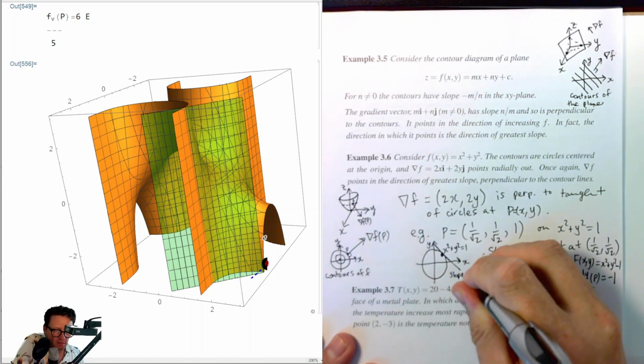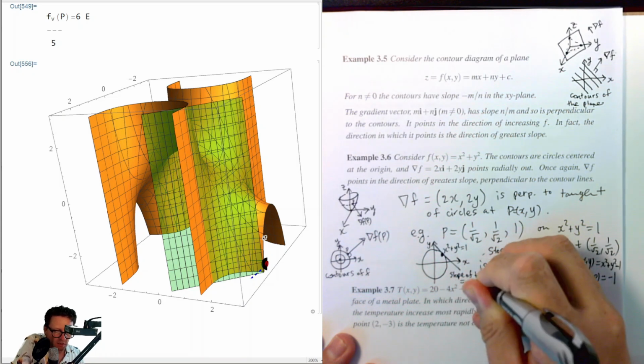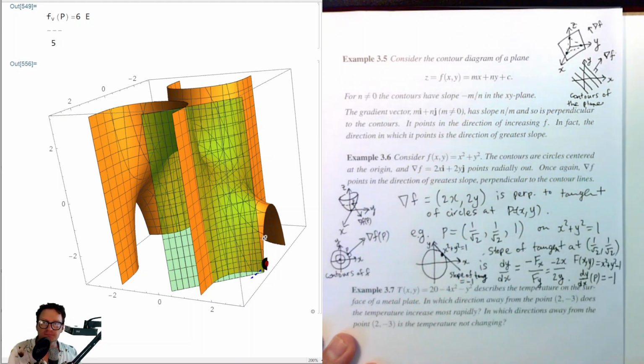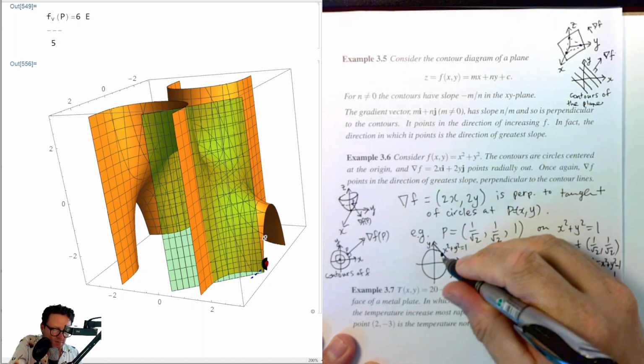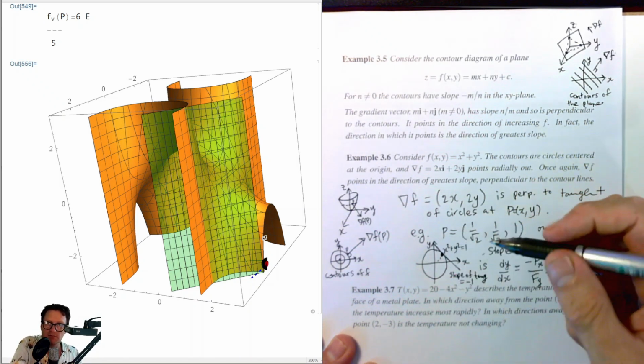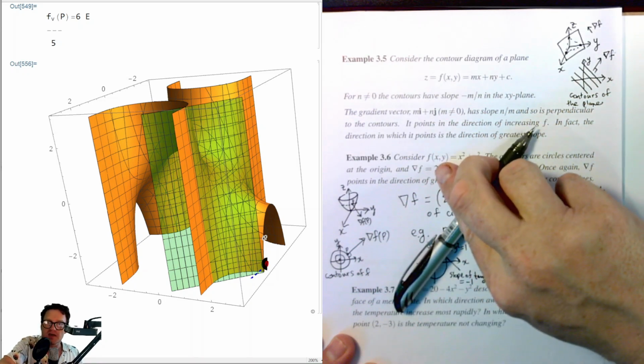Slope of the tangent equals -1. I'm sorry if you can't see this, but I hope you can write this clearly on your own page. All right, and then perpendicular to that is a slope 1, right? Being the gradient vector at P.